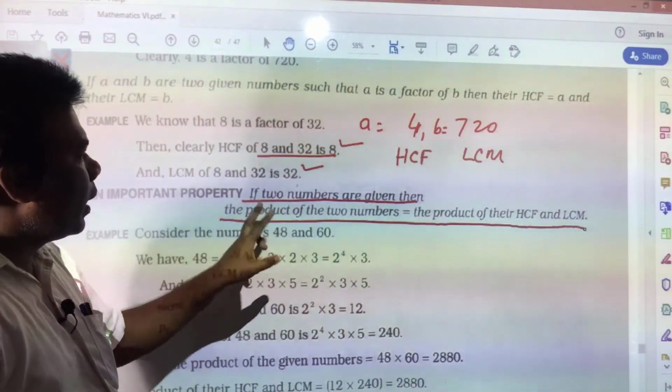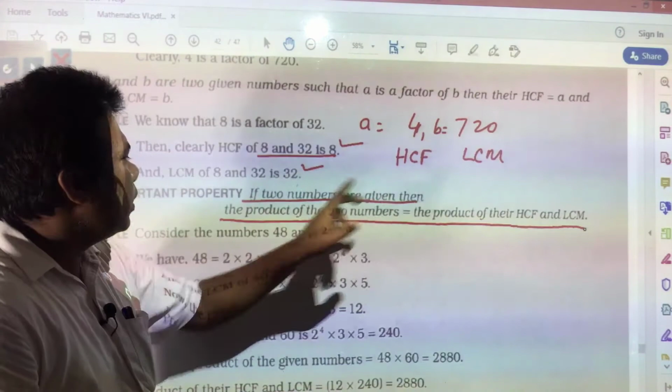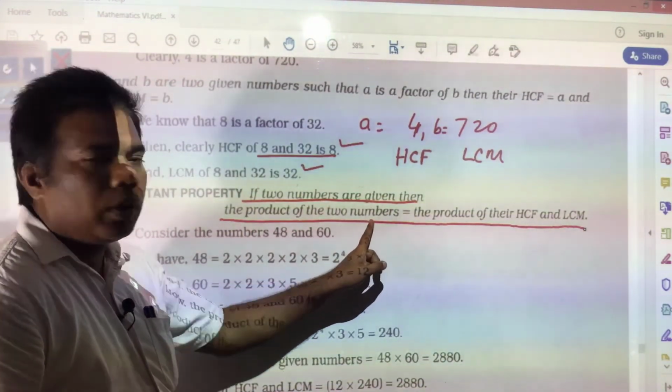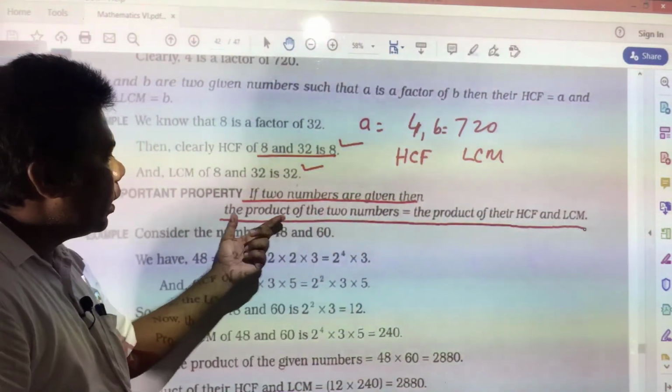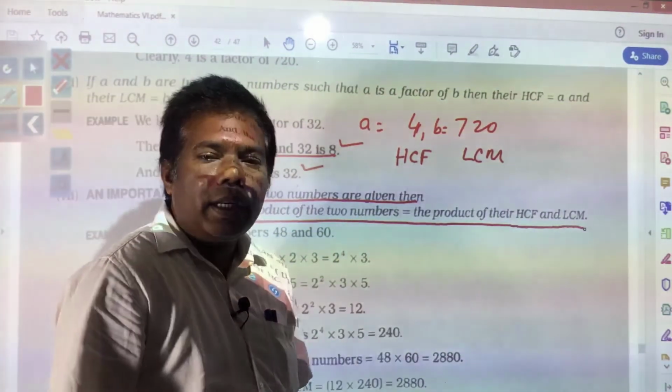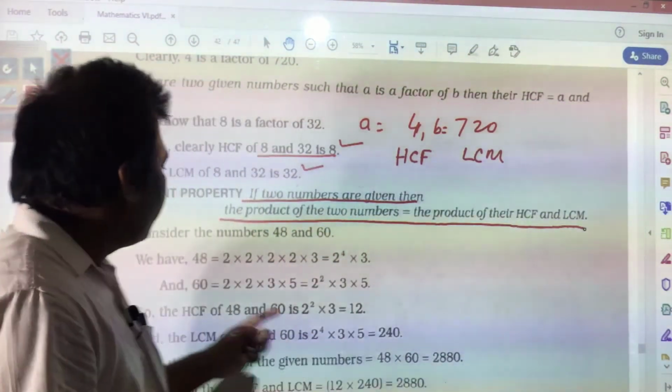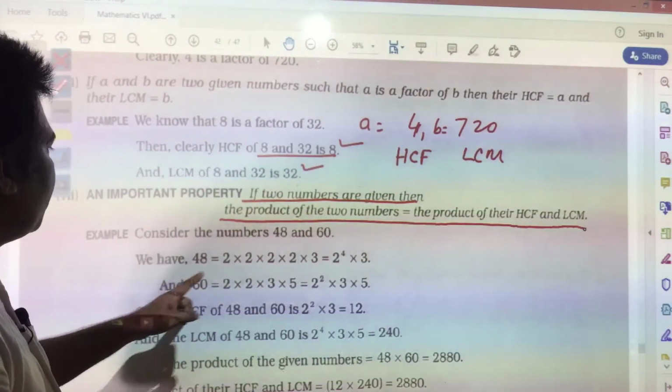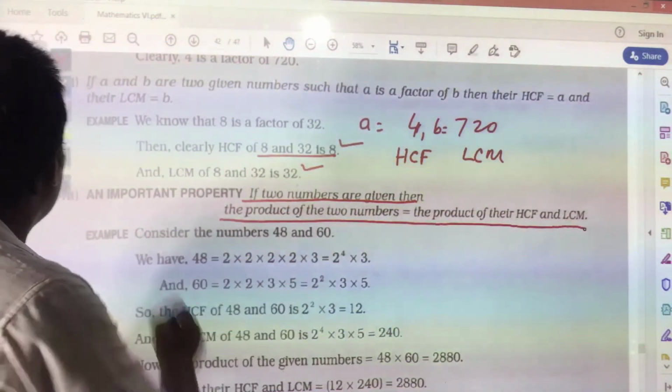If two numbers are given, then the product of the two numbers will always be equal to the product of their HCF and LCM. So, here you see an example has been given: 48 and 60.